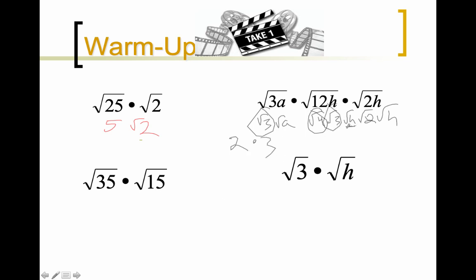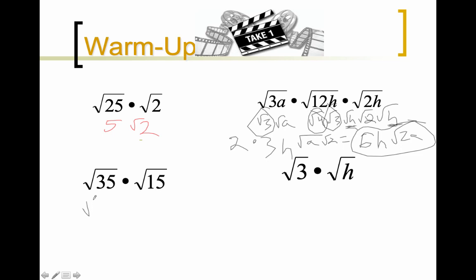I got these two h's, makes me an h. And I got an a and a 2 that are still left underneath the radical. Square root of a, square root of 2. So my answer, 6h square root 2a. And that's it.